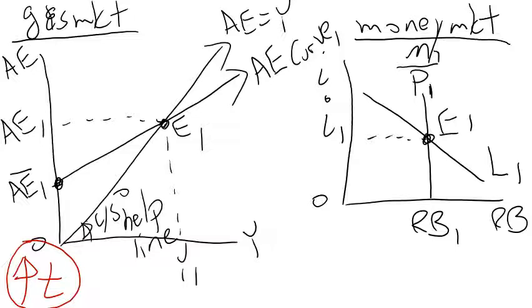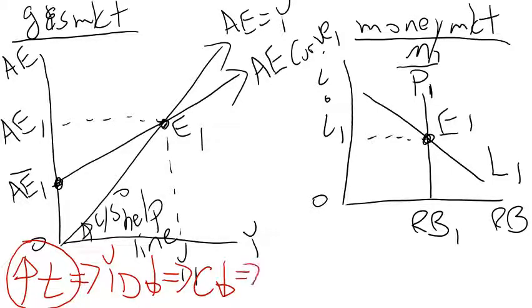It'll start in the goods and services market because the personal income tax rate is part of aggregate expenditures. So what's going to happen? Well, if there's an increase in the personal income tax rate, disposable income will go down. And in turn, consumption will go down.